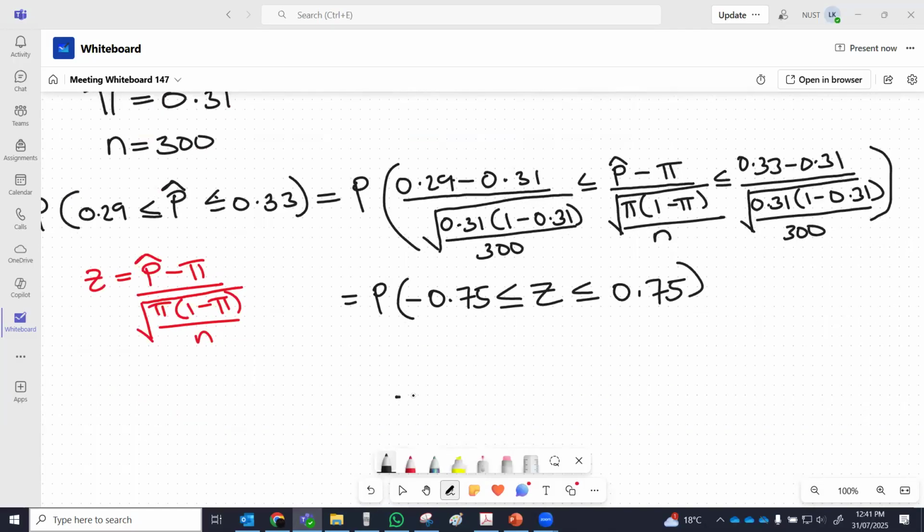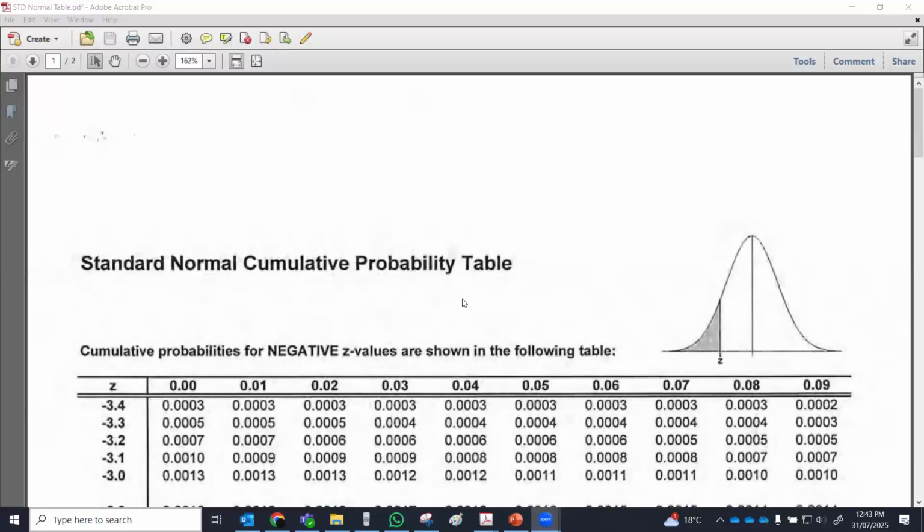The next thing is to draw your normal curve and shade the area that you are looking for. So we have negative 0.75 here, and we have 0.75 here, and this is the shaded area that we are looking for. And we know from our table, let's take a look at our table. So this is our normal table. Then we can see the area that it gives us is the area on the left.